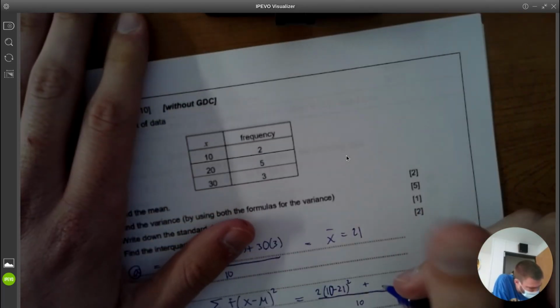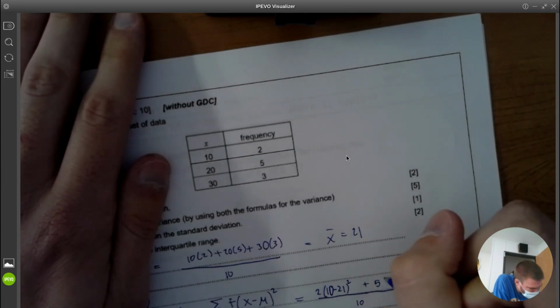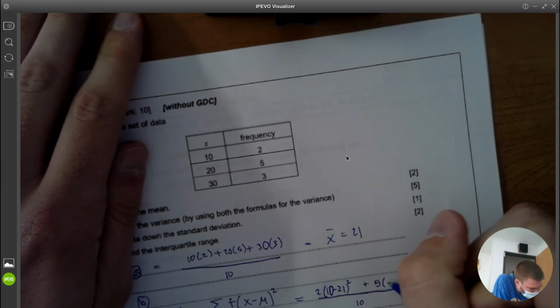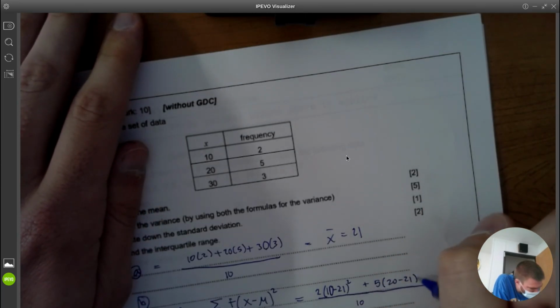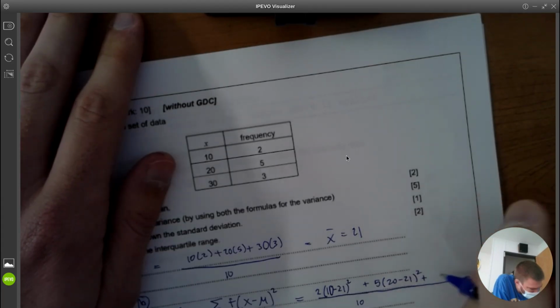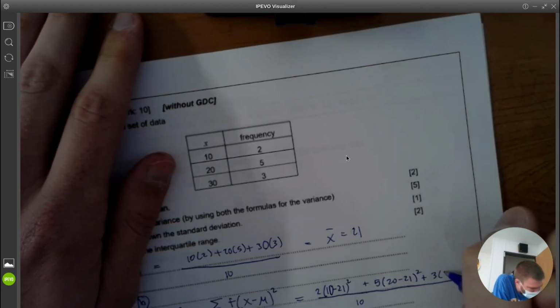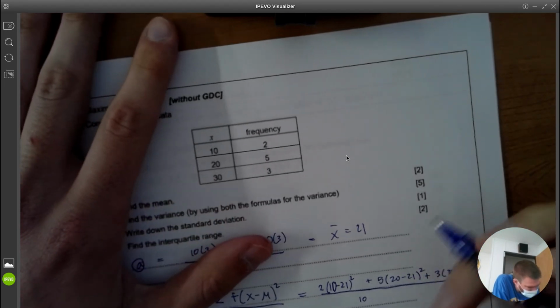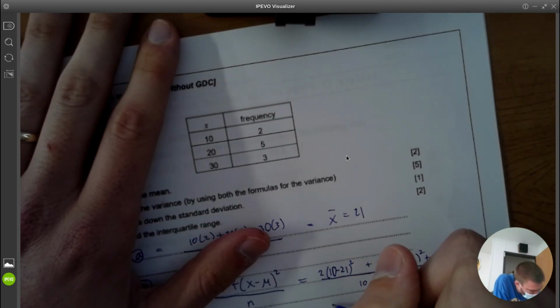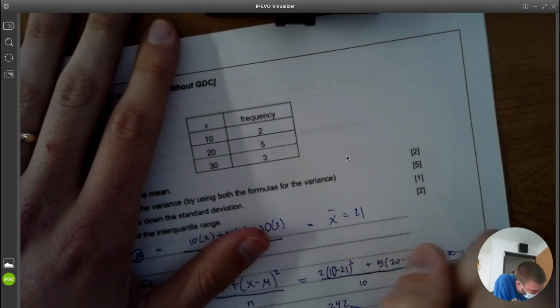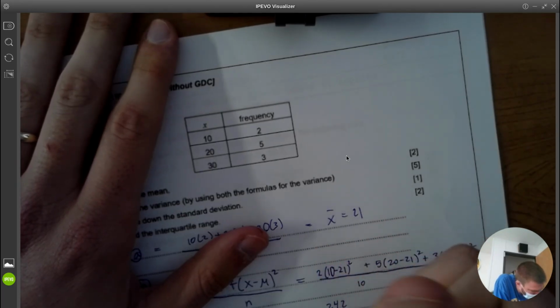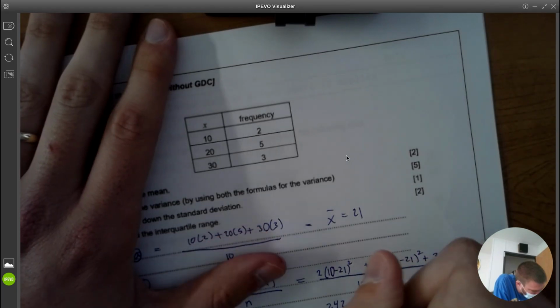This is going to be 5 times the x value of 20 minus 21 squared, and 3 times the x value of 30 minus 21 squared. 11 squared is 121, 242.